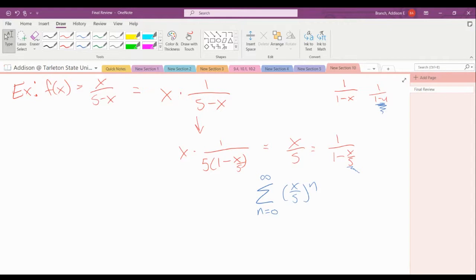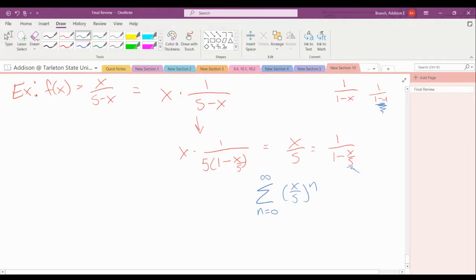X over 5. Like in this example, it's x over 5. So what we did was we pulled out the 1 over 5.